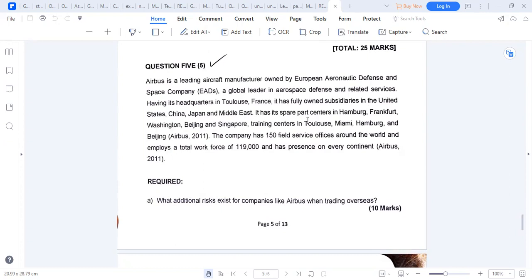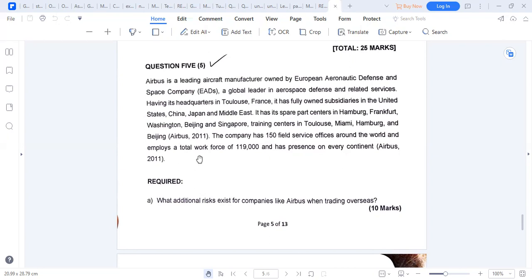It has its spare parts in Hamburg and Frankfurt, Washington, Beijing, Singapore, training centers in Miami, Hamburg, Beijing. This company has about 150 field service offices around the world and employs a total workforce of 119,000, and its presence is on every continent.